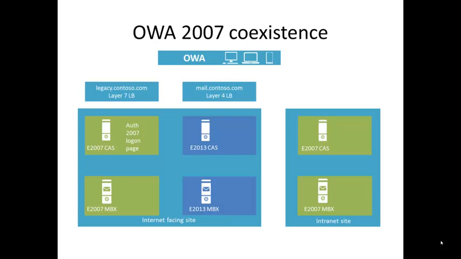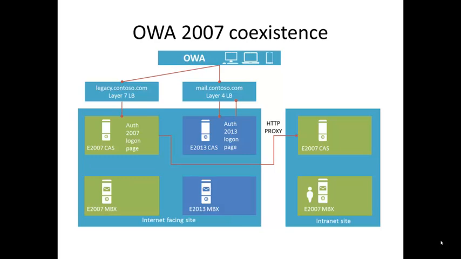If we have another Active Directory site, which is not internet facing, it will be even more challenging. We go to the 2013 CAS, we are redirected to the 2007 CAS, and then we are proxied to the Exchange 2007 Client Access server in the other location.